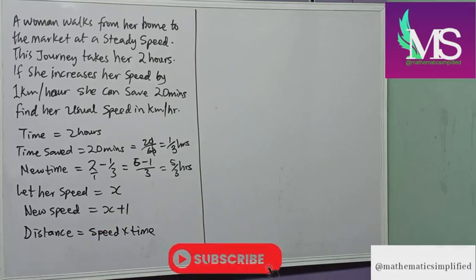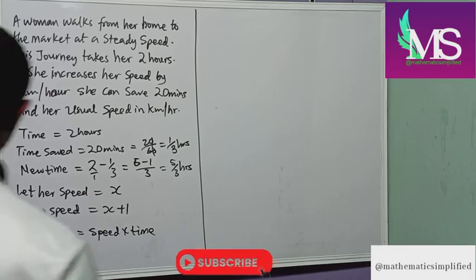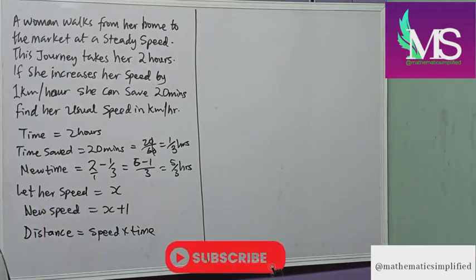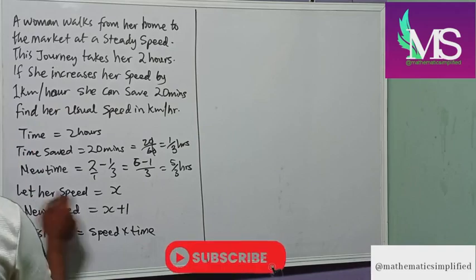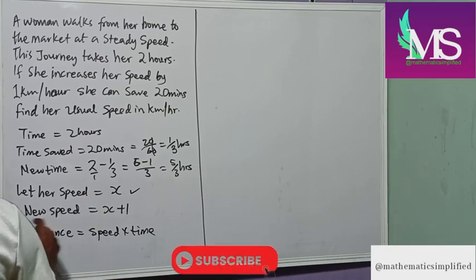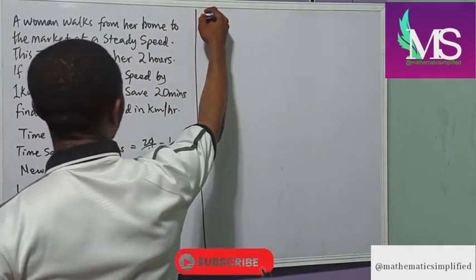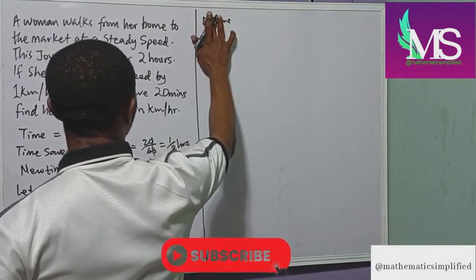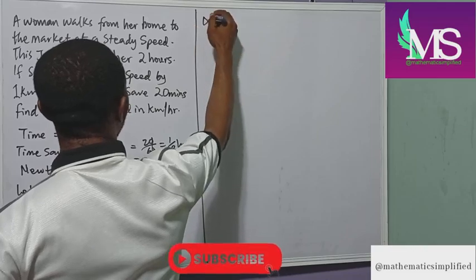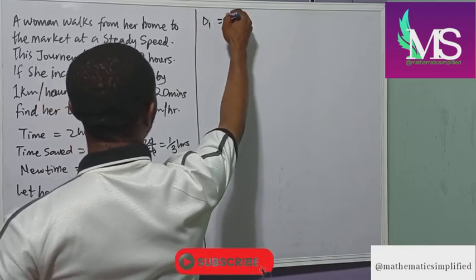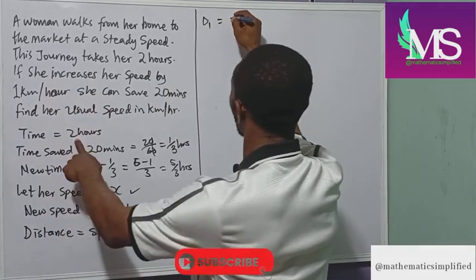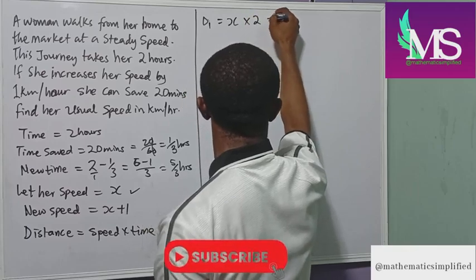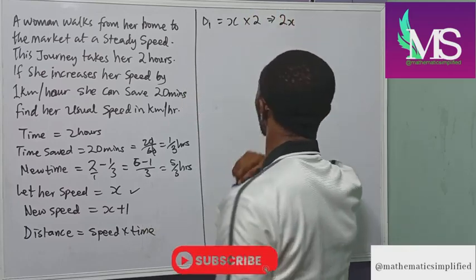Now, for the first distance, our usual distance, let's call it distance 1, d1. d1 equals speed x times 2, which gives us 2x.